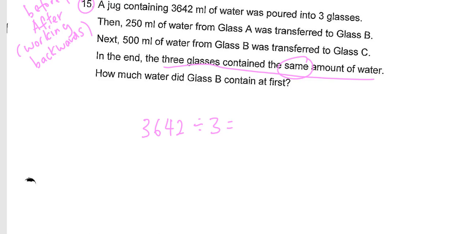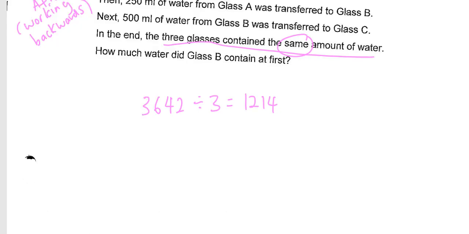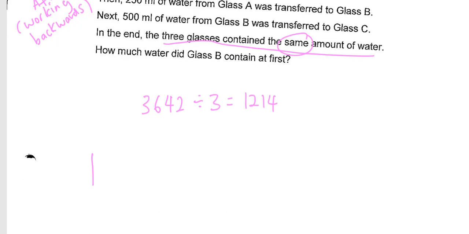I divide it by 3 and I get this number. I will know that this is what each glass will have. Okay, so let me just use pictures like how we have always been doing with working backwards. I have 1, 2, 1, 4. This is for, let me write it smaller because I will need the space for something else later. This is for A.